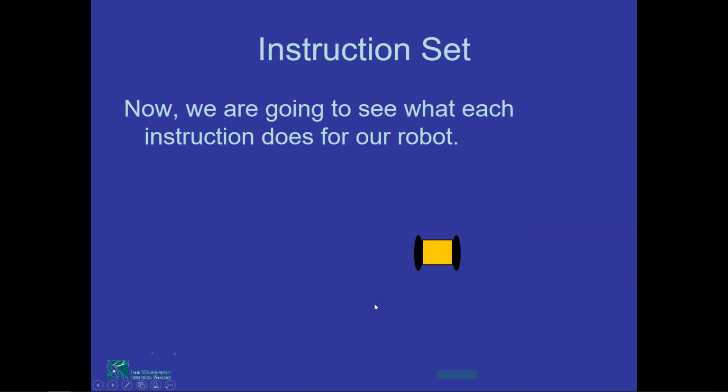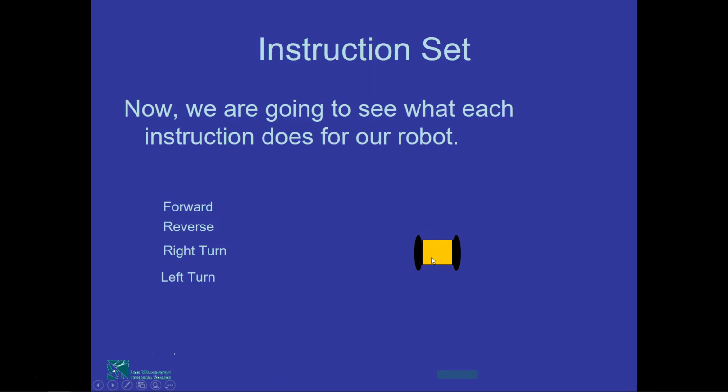Now let's see what instructions I have used for the robot. This is a robot with 2 wheels. We are using forward, reverse, right turn, and left turn.